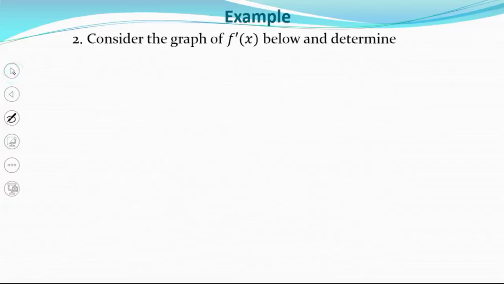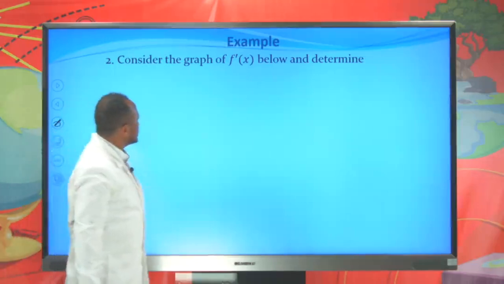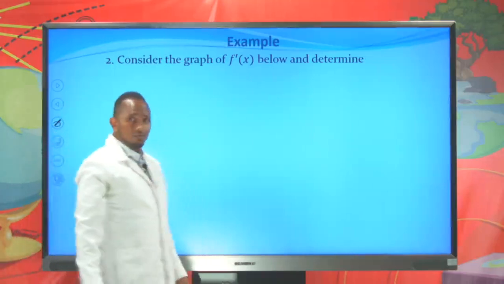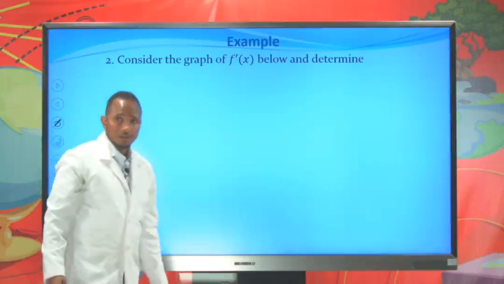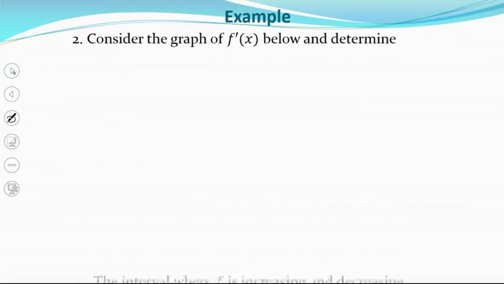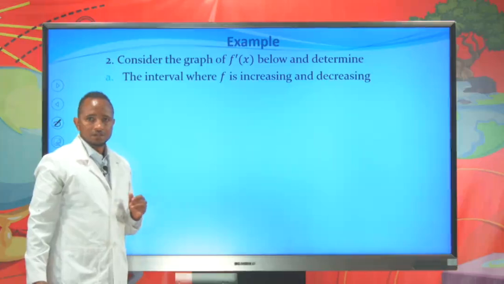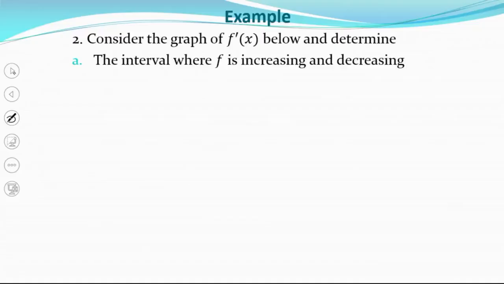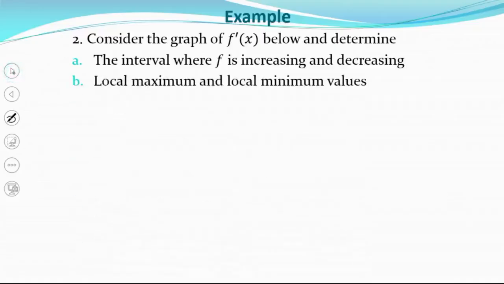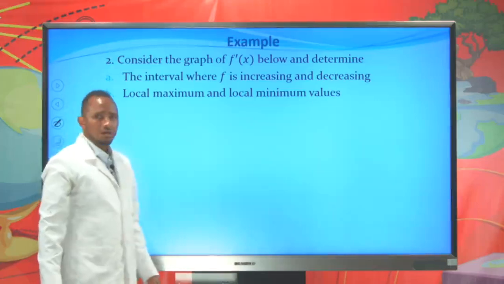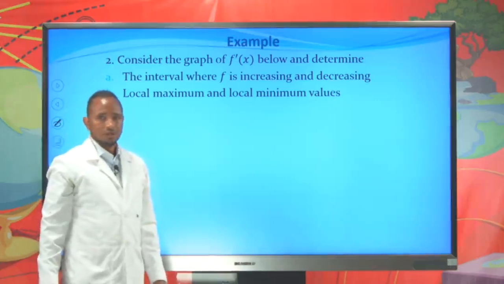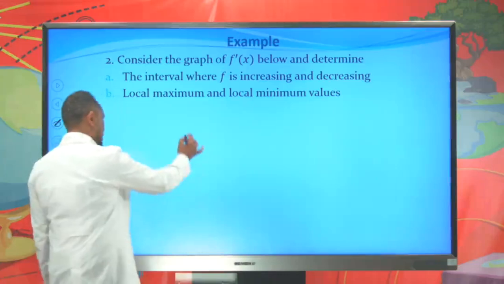Okay, now here, consider the graph of f derivative of x below and determine the interval where f is increasing and decreasing and the local maximum and local minimum values. Look, the graph given is this one.